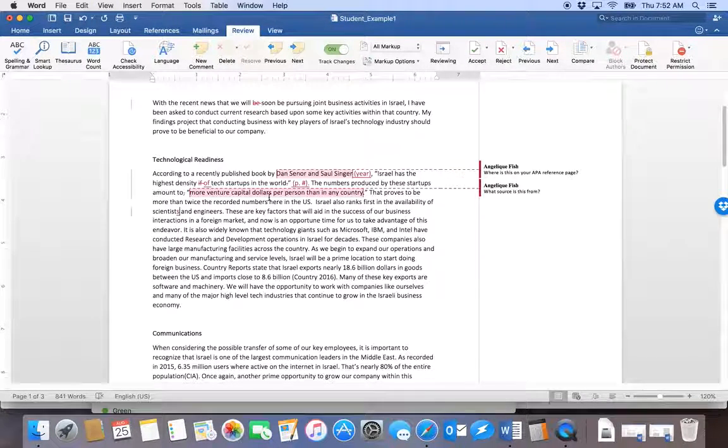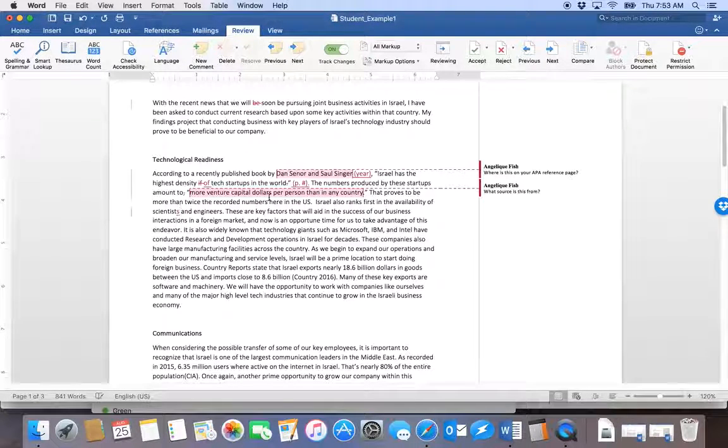It is also widely known that technology giants such as Microsoft, IBM, and Intel have conducted research and development operations in Israel for years. These companies also have large manufacturing facilities across the country. As we begin to expand our operations and broaden our manufacturing service levels, Israel will be a prime location to start doing foreign business. Okay, so far this is all great.